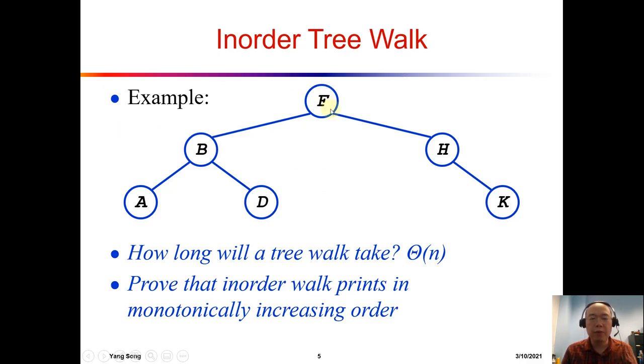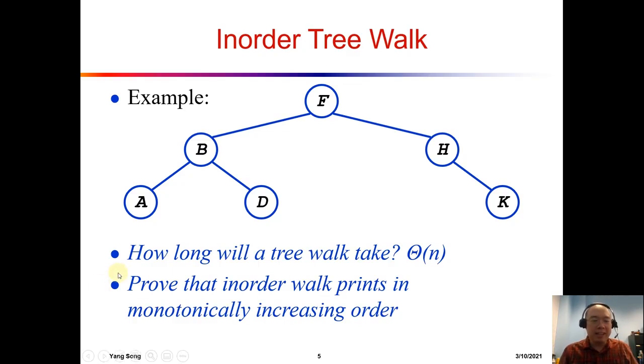Then we visit F, and after F we visit H, and then we visit K. So what's the interesting part here? When we are doing the in-order tree walk on a valid binary search tree, we are visiting all the keys from the lowest to the highest. What does that mean? It seems that we are going to have all the values sorted. Is that correct? Later we're going to talk about this.